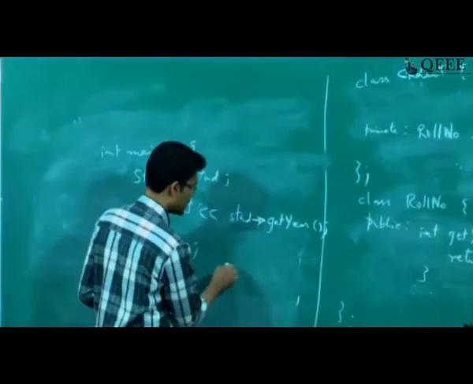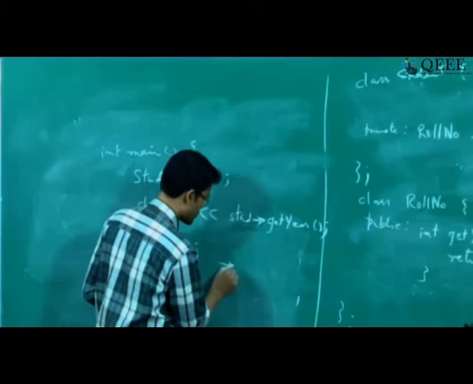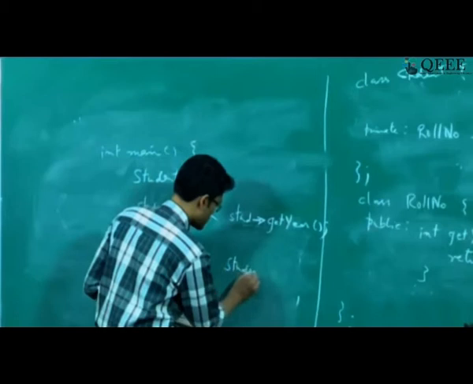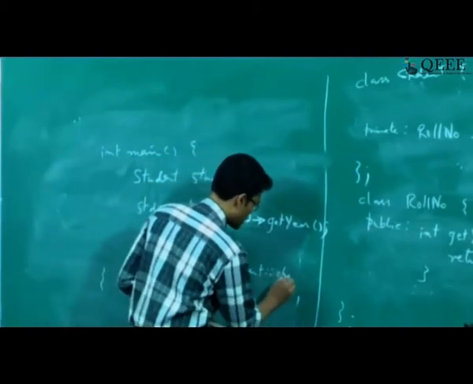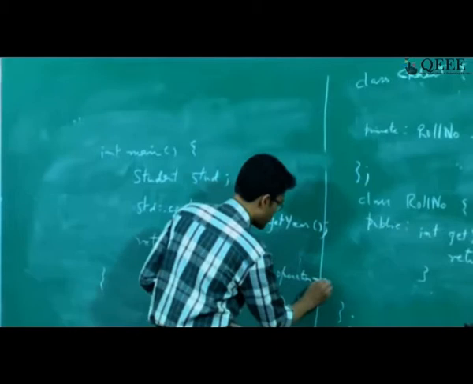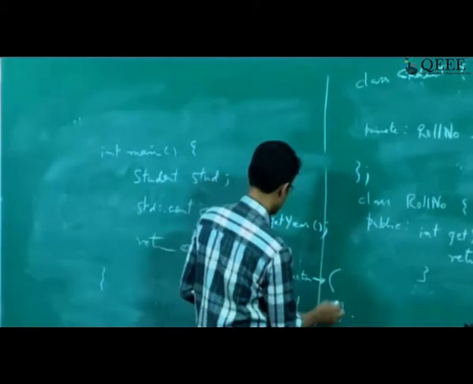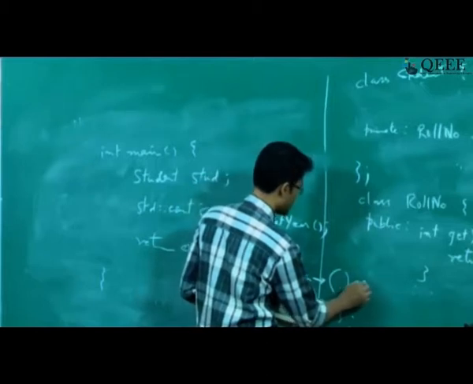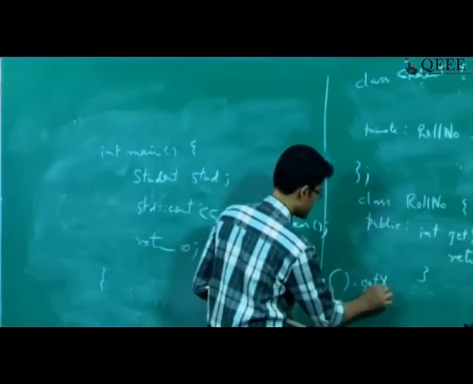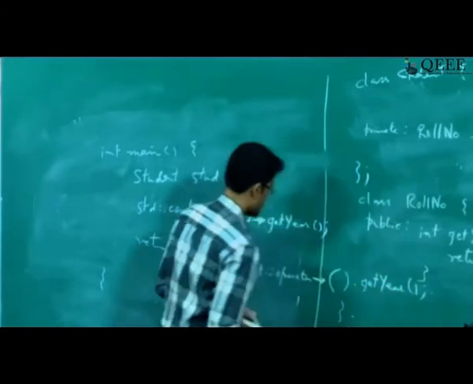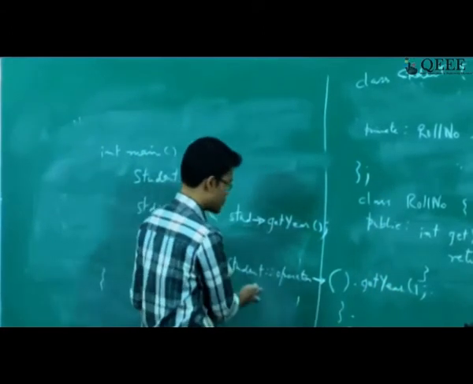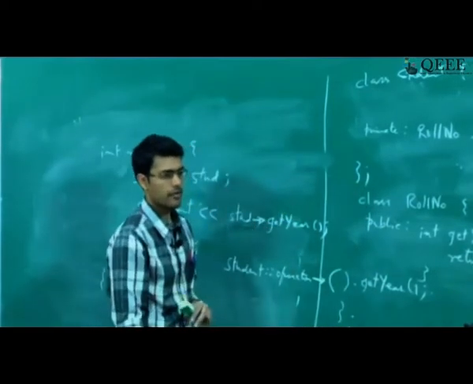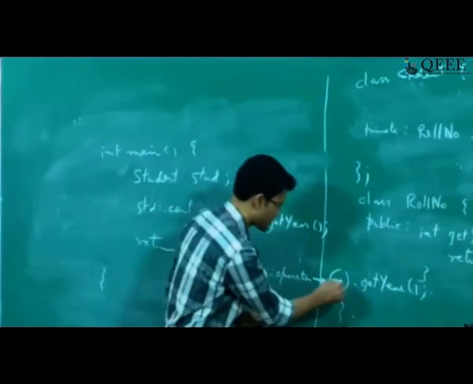Currently, by default, the arrow is being applied as student operator arrow with no argument, and on that we are applying the getYear. So I am applying the arrow operator on the student, and then whatever it returns, to that I am applying the getYear.